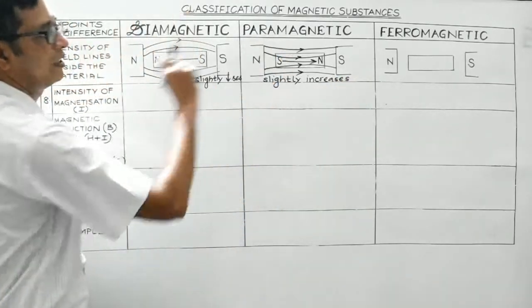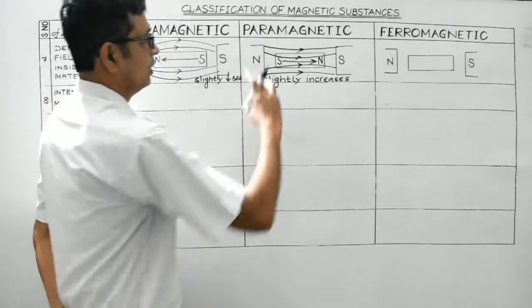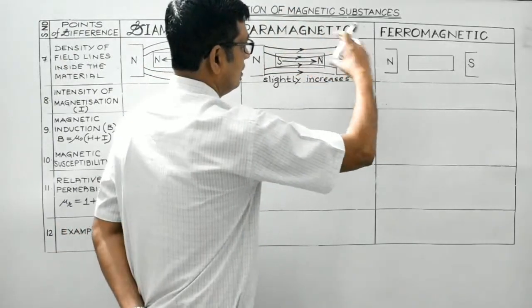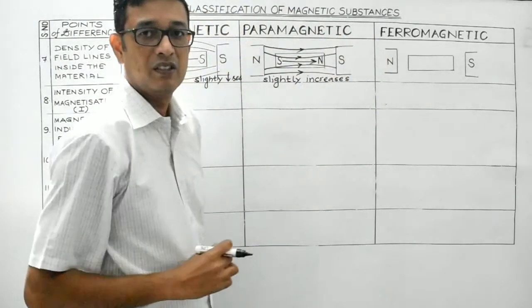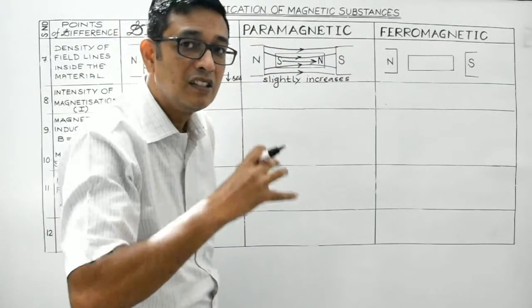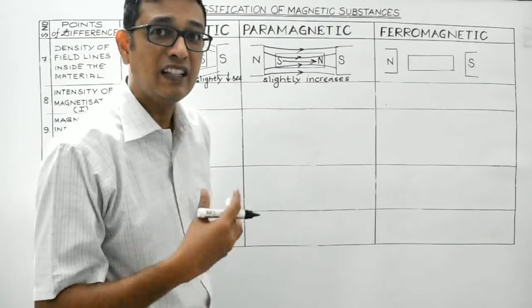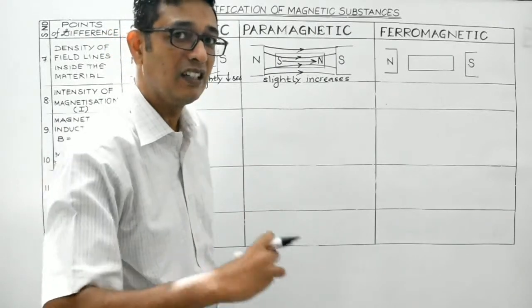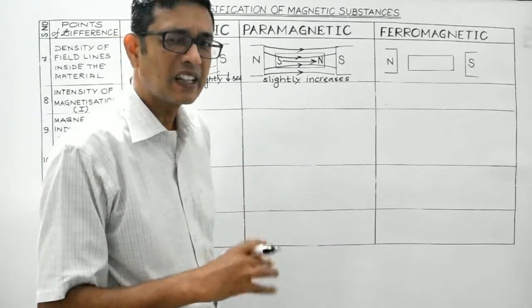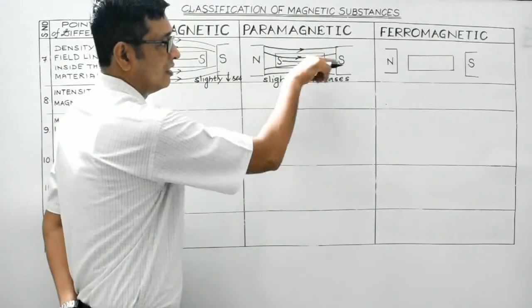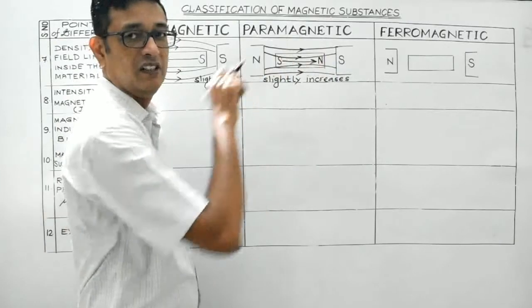Clear, students? It's pretty evident. So here they are getting attracted towards the paramagnetic specimen. So the field lines are passing through the paramagnetic specimen, right? So the density of the field lines inside the material of the paramagnetic specimen slightly increases, right? And it gets magnetized along the direction of the external field.